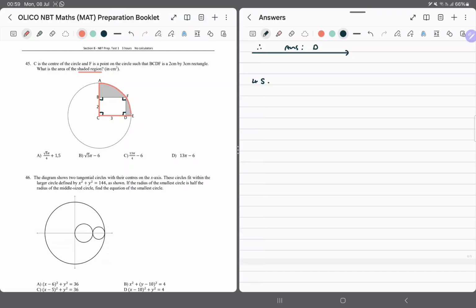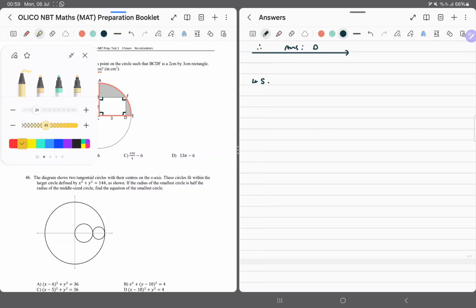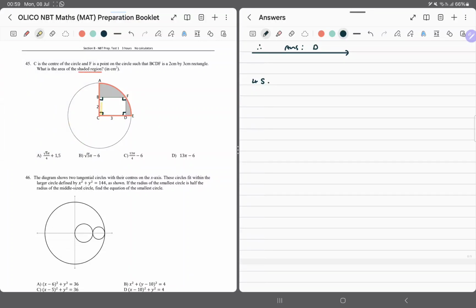In fact, it's a quarter circle. So we need to consider the area of the quarter circle and then subtract the area of the rectangle.